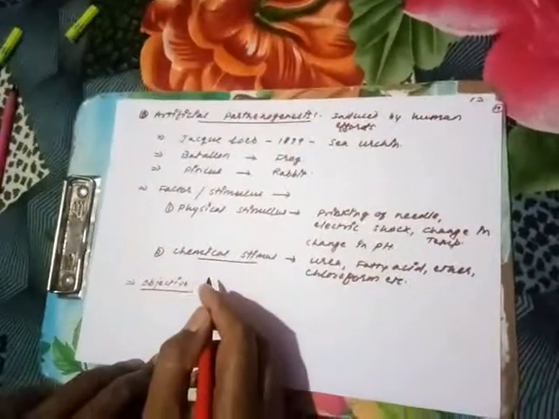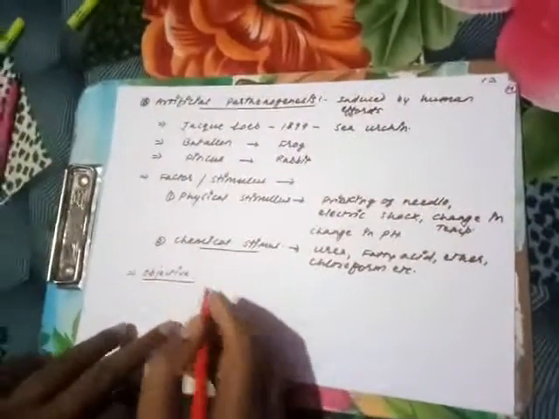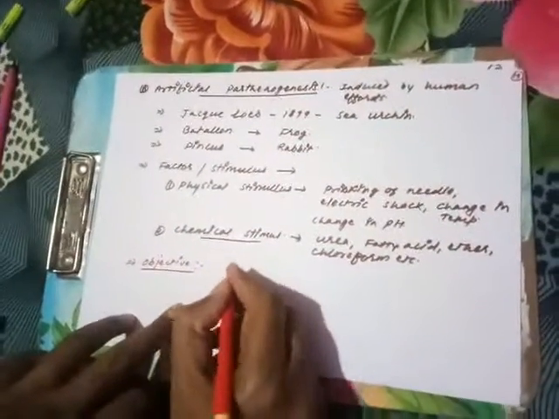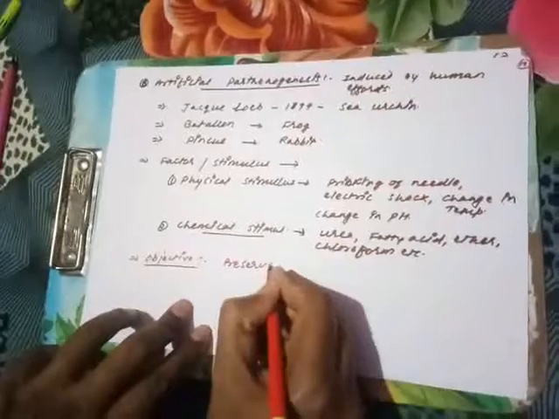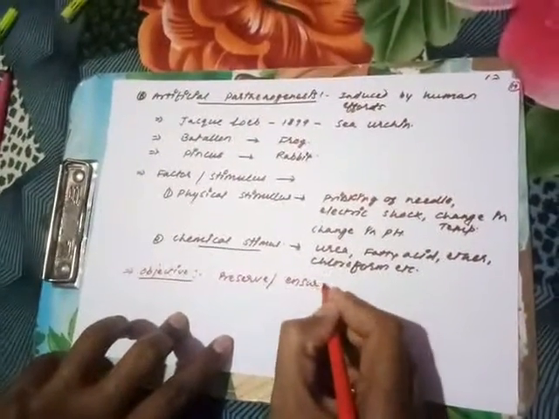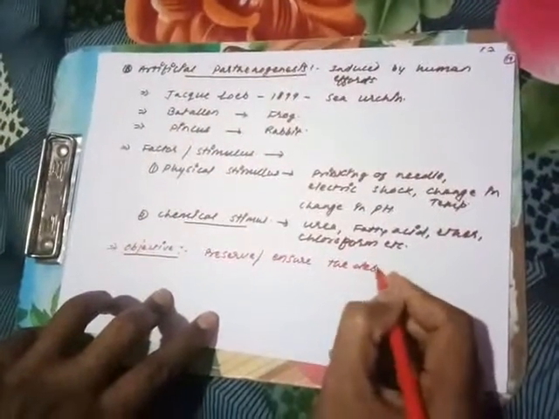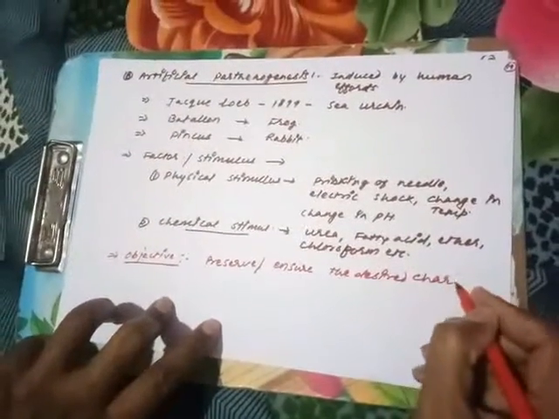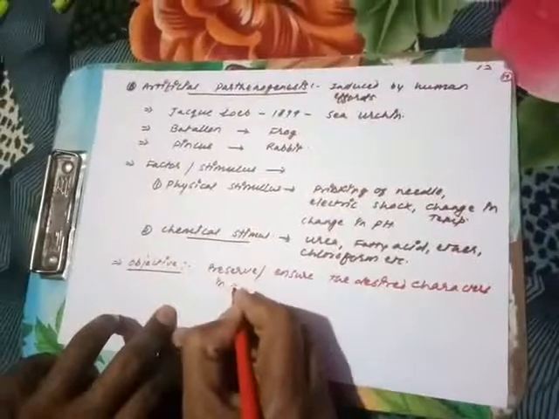Why are we doing these practices to perform parthenogenesis? The purpose of artificial parthenogenesis is to preserve or ensure the desired characteristic in organism.